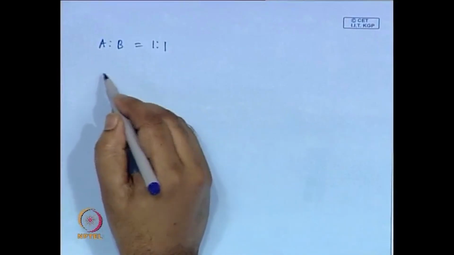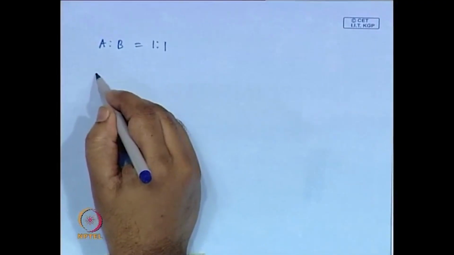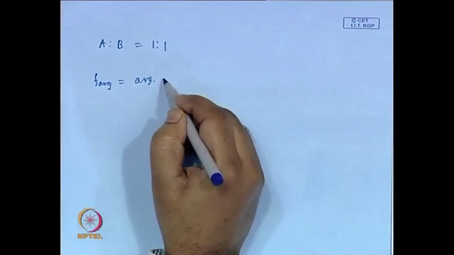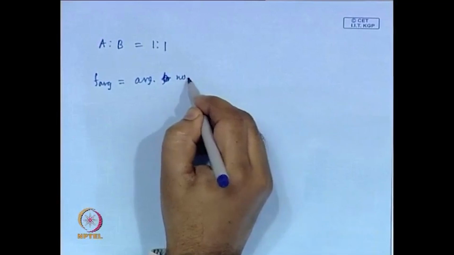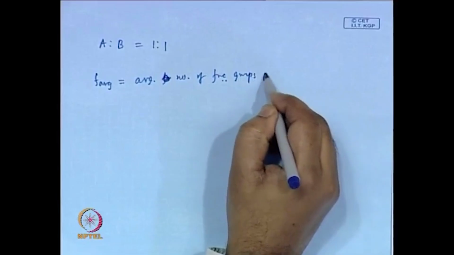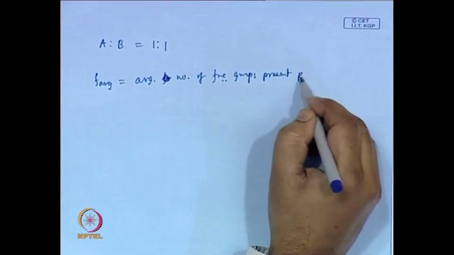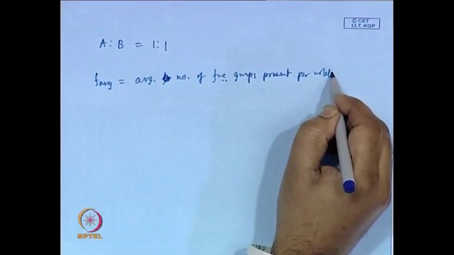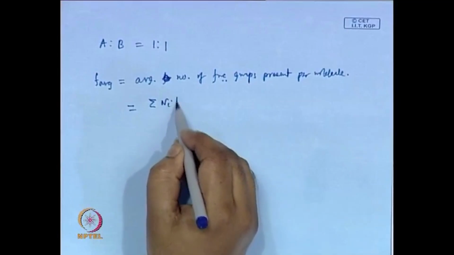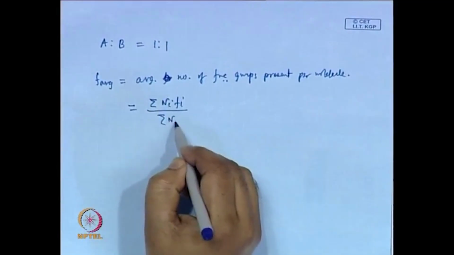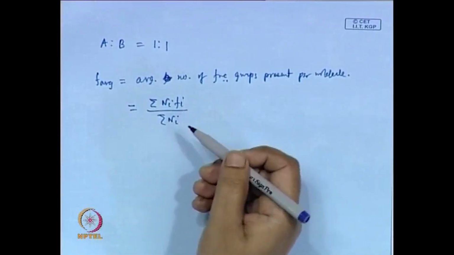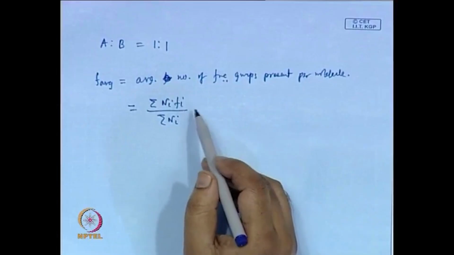Also, we define a term F average, which is the average number of functional groups present per molecule, which would be given by sum of Ni Fi over total Ni, where Ni is the number of molecules having Fi functional groups.